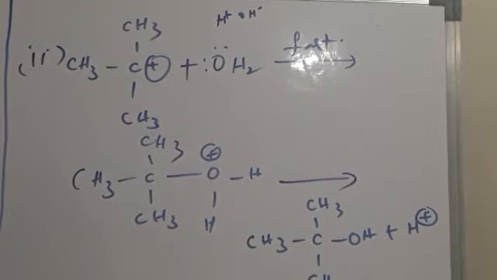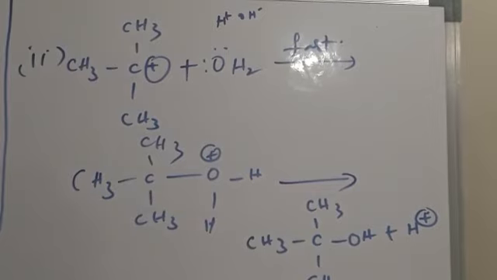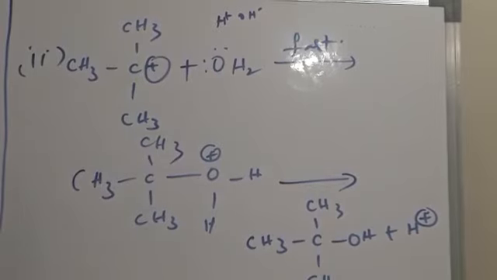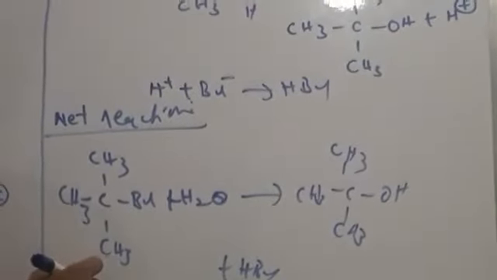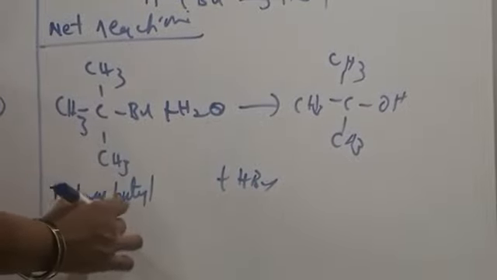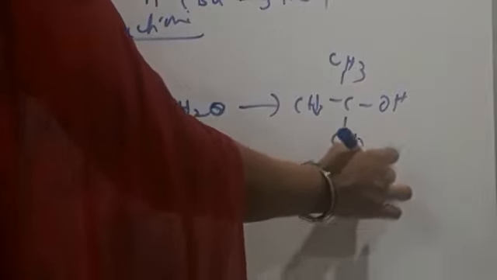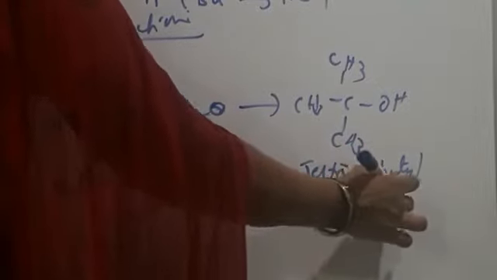And the net reaction in this is: tertiary butyl bromide undergoes nucleophilic substitution reaction and gives tertiary butyl alcohol and also HBr.